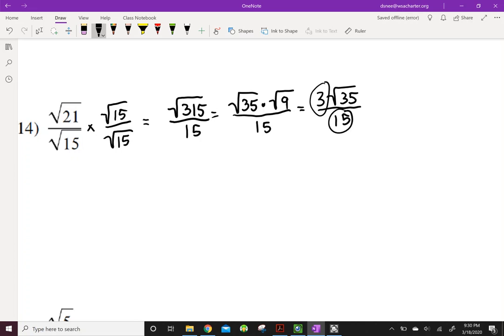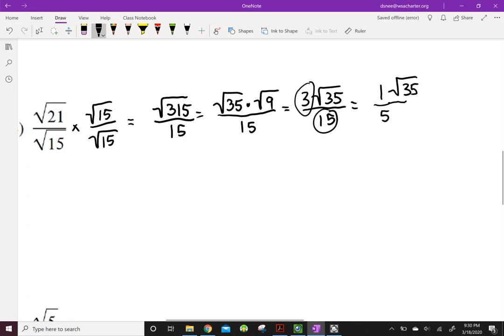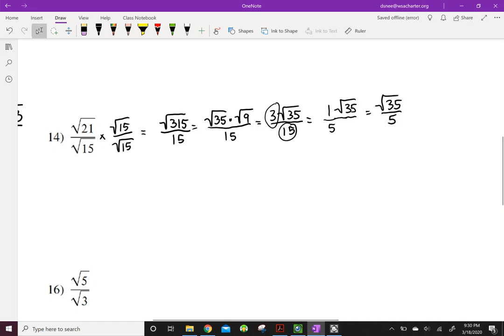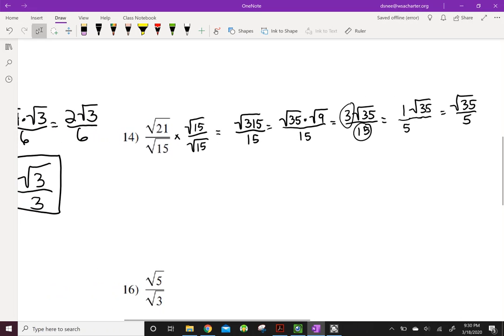They're outside of the radical symbol and wind up with 1 over 5 root 35. And that 1 is not essential, so we're going to get rid of that. I'm probably writing a little bit more than I have to, but those are all the steps to get there.